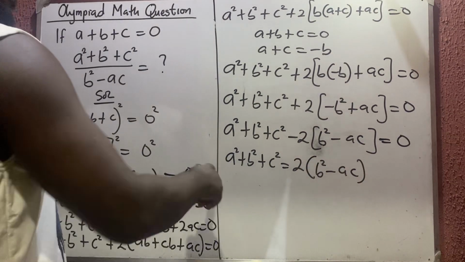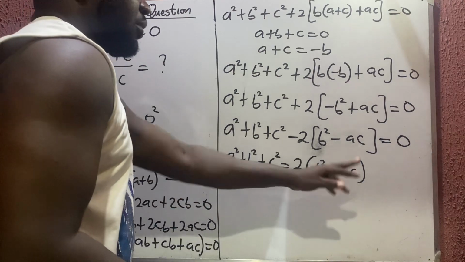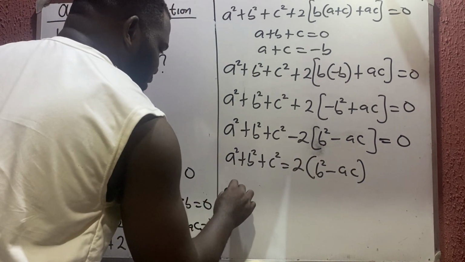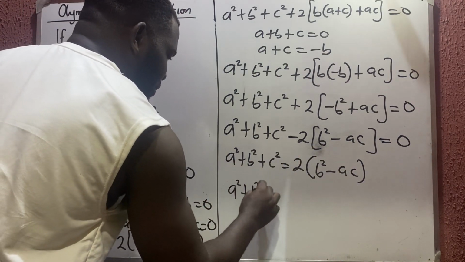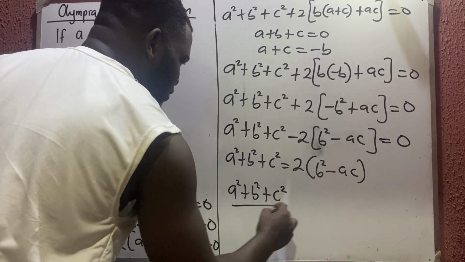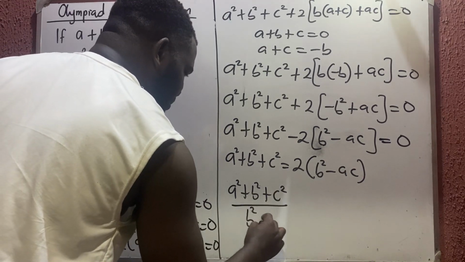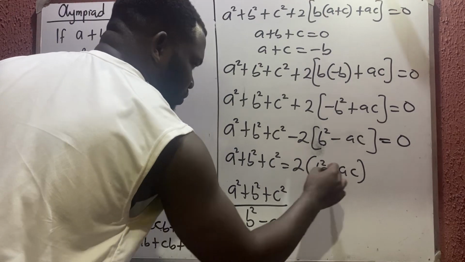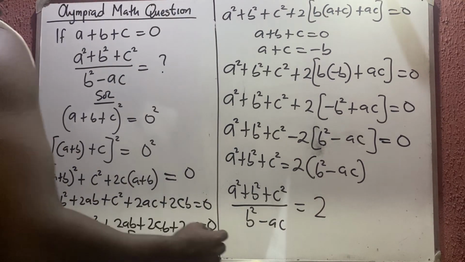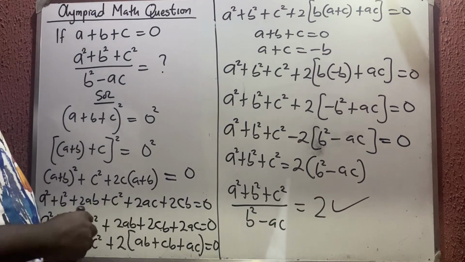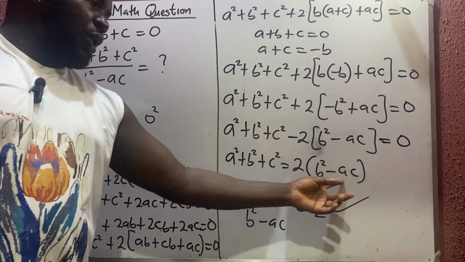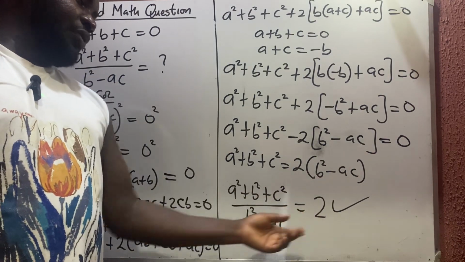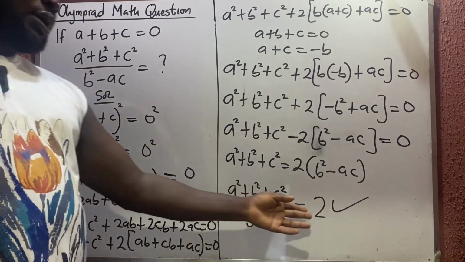So if I divide both sides by b squared minus ac, I am going to have a squared plus b squared plus c squared all over b squared minus ac is equal to 2. So that is the answer. The solution is simply 2, because this one can come here as divide. So this is what they say we should find, and the answer is 2.